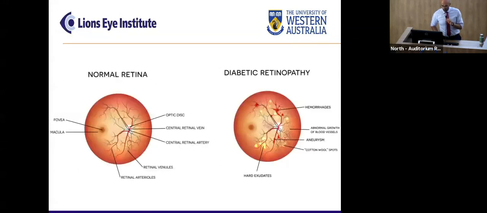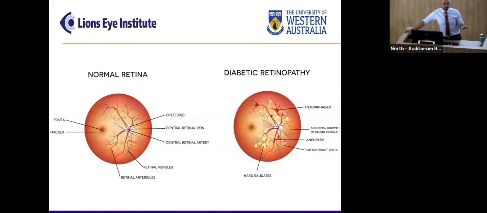So there's a normal retina on one side and a retina showing signs of diabetic retinopathy on the other. All the signs, and we'll go through them in a moment, are consequences of blood vessels becoming incompetent, by which I mean blood vessels should be watertight and have gap junctions which prevent the contents of the blood vessel leaking into the retina.